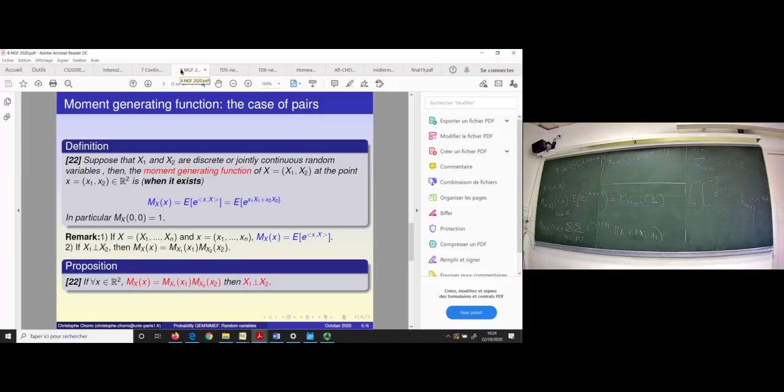And so, if I suppose independence, what can I say? I have here something that is independent of the other, and so the expectation of the product is equal to the product of the expectations, and so I have this.